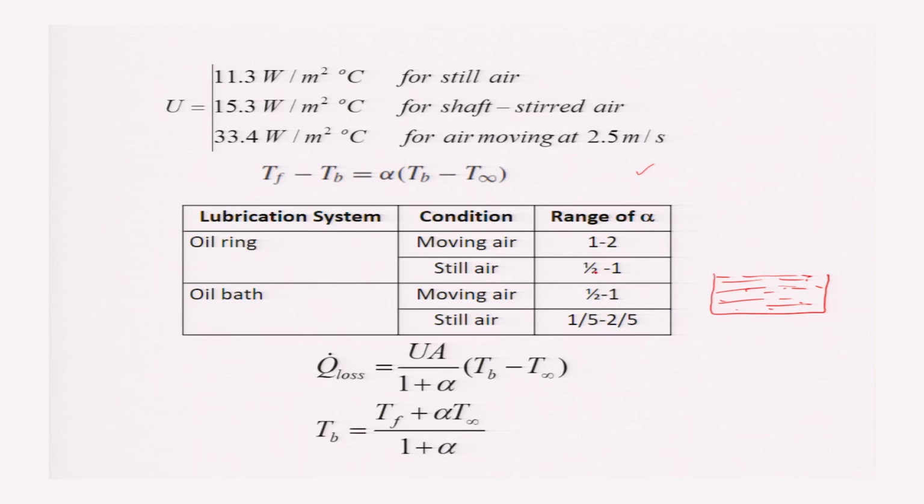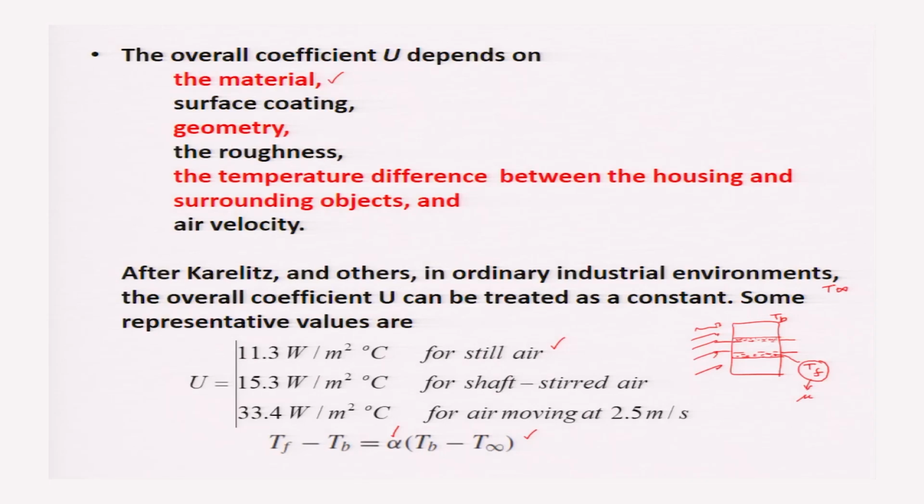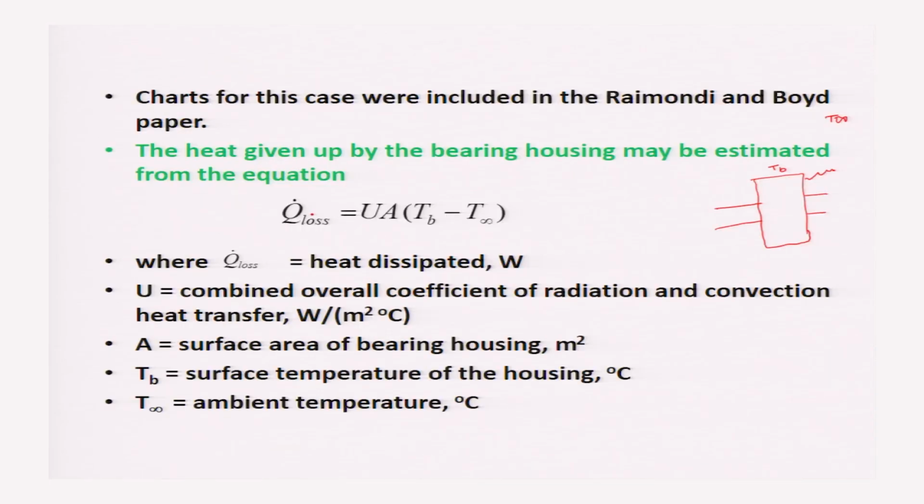Well, so now you can relate your equation of Q loss with respect to this Tf and T infinity, because Tf is the fluid temperature, Tb is the bearing temperature, and T infinity is the ambient temperature. So, we have the original formula: Q loss is equal to UA (Tb minus T infinity).